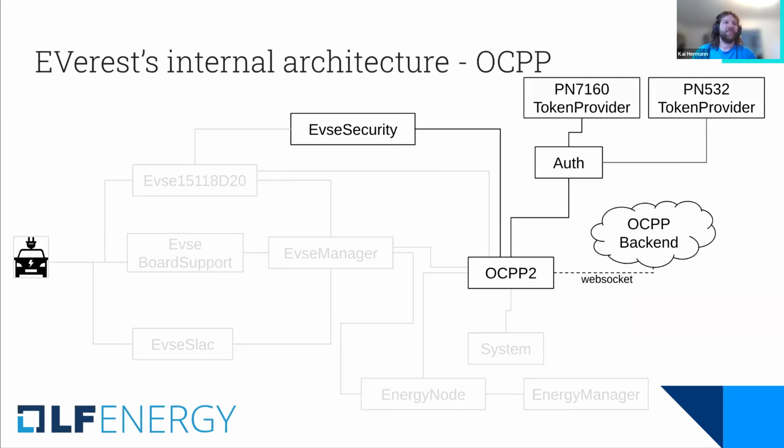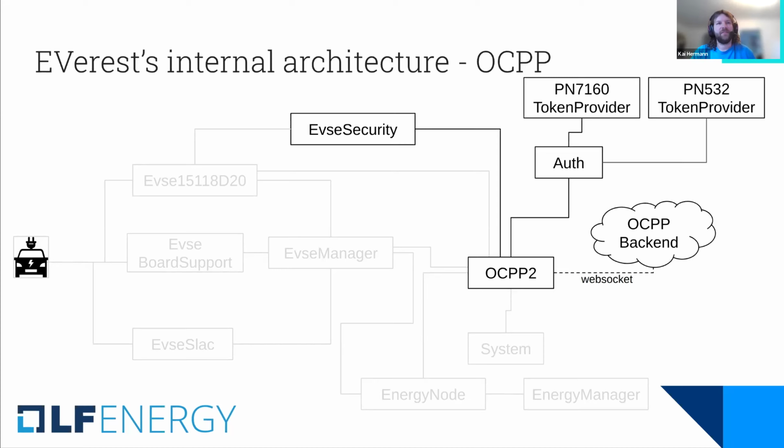This is where you would configure, let's say, an OCPP 2.0, 2.0.1 or 2.1 module that is able to connect to an OCPP backend. This module is typically also connected to an EVSE manager, but also makes use of this EVSE security abstraction I already mentioned, because OCPP also has quite a lot of certificate management that needs to be done.